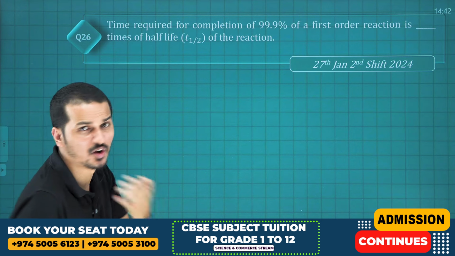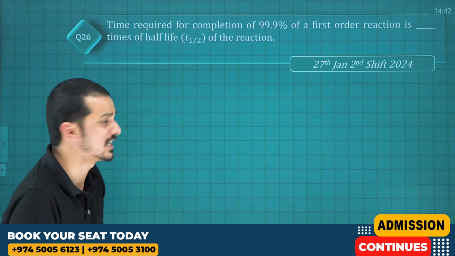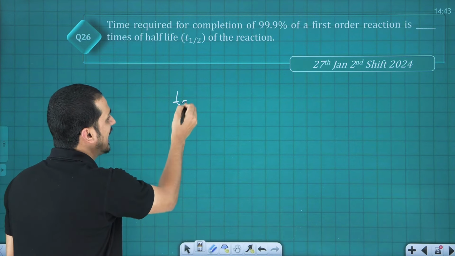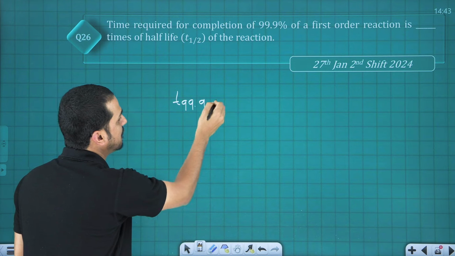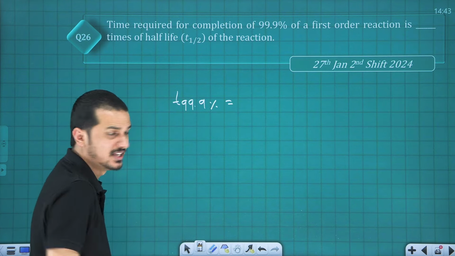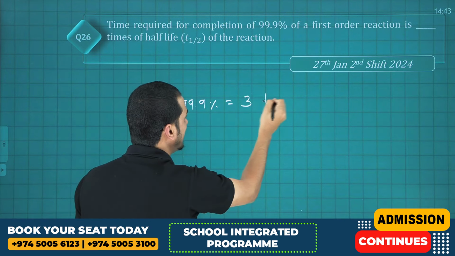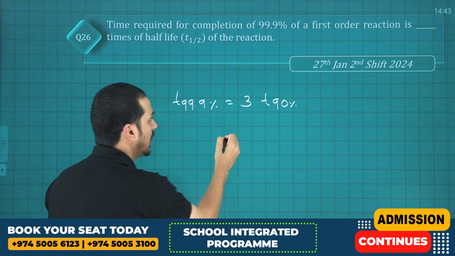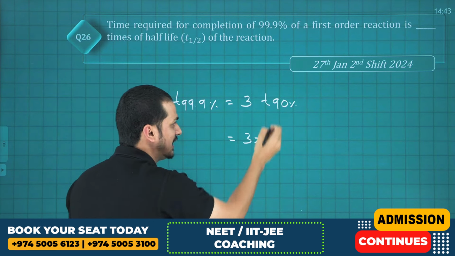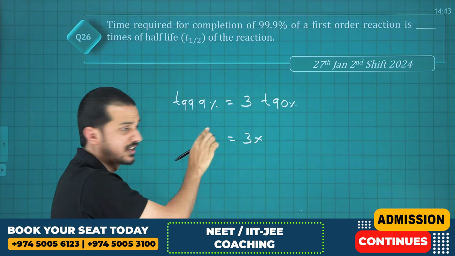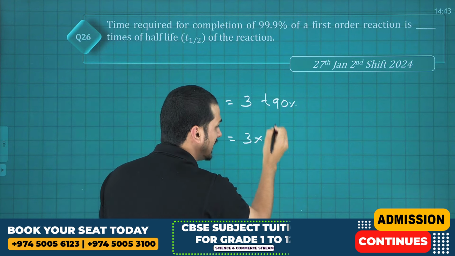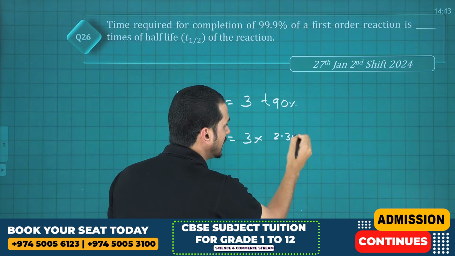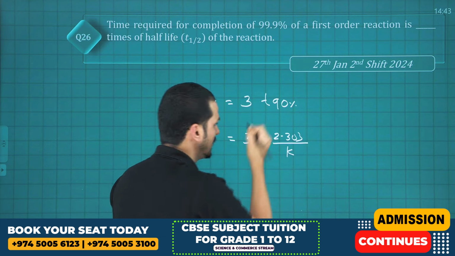So here we know the idea. I already taught you. What's the idea I taught you? t 99.9% is equal to 3 times t90. What is t90? t90 means 2.303 by k.